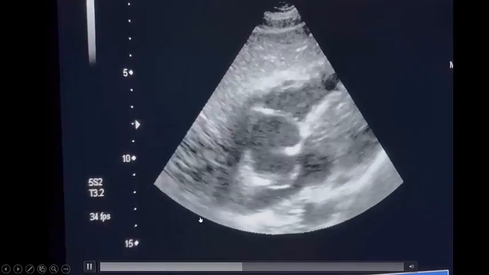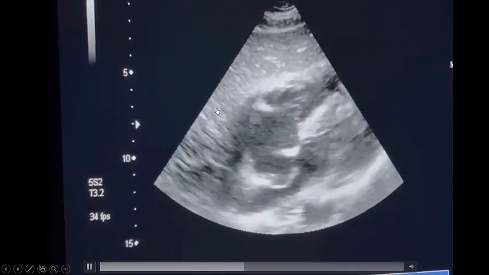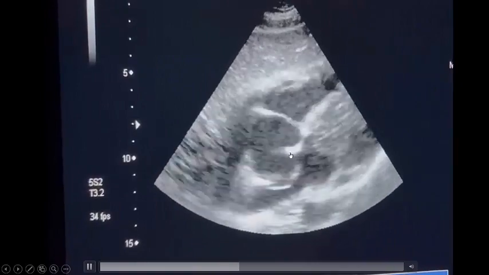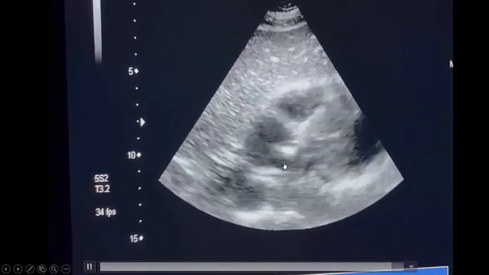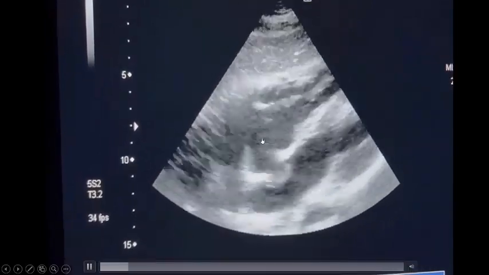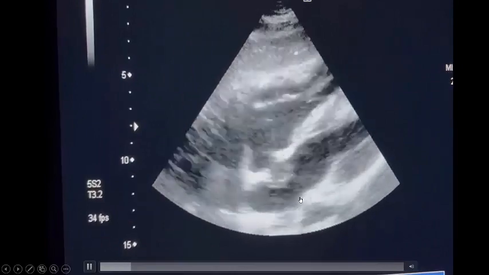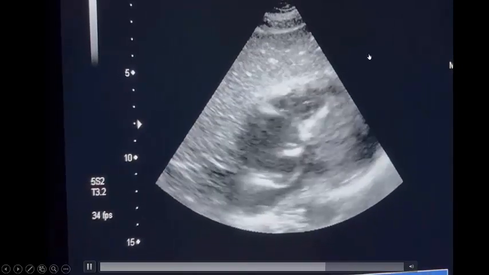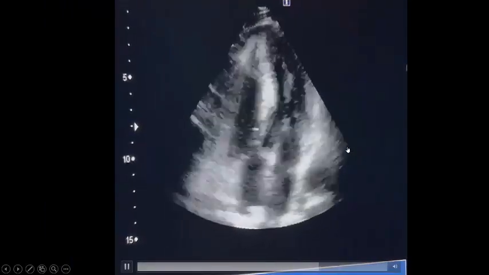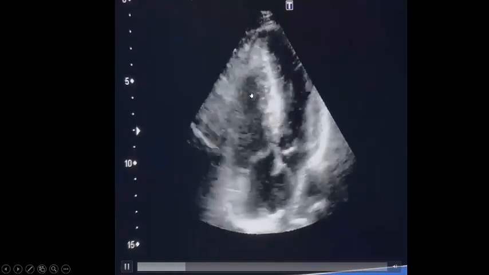We did the subcostal view. Here the right side is dilated, and the interatrial septum is shifted to the left side, with ballooning of the right atrium, denoting right side dilatation. In the four chamber view, the right side is also dilated, compressing the left side.